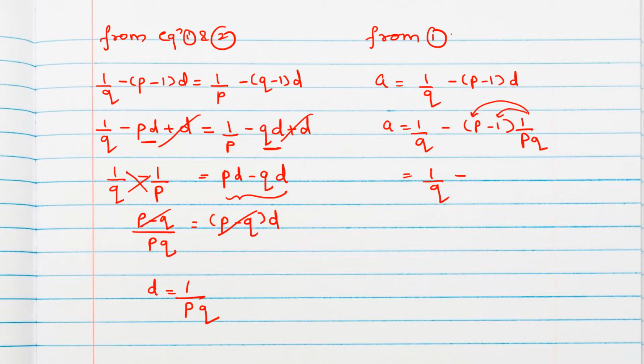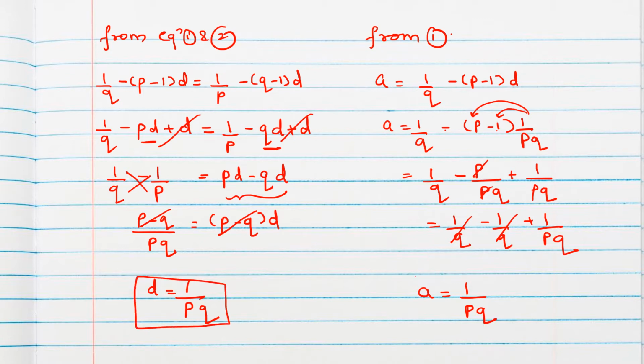So minus P by PQ will come, and minus minus plus 1 by PQ will come. Here P will go, so 1 by Q minus 1 by Q plus 1 by PQ. Now 1 by Q also will go, so the a value is 1 by PQ. So this d is 1 by PQ, and a also is 1 by PQ.